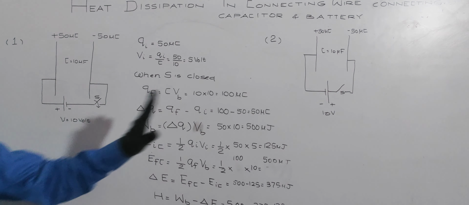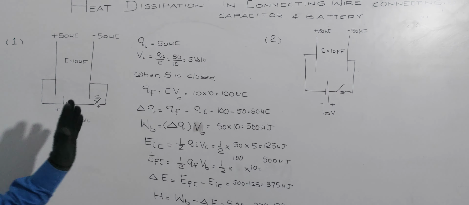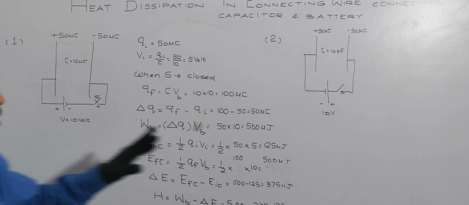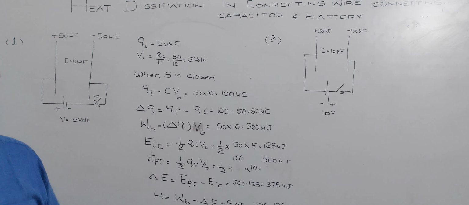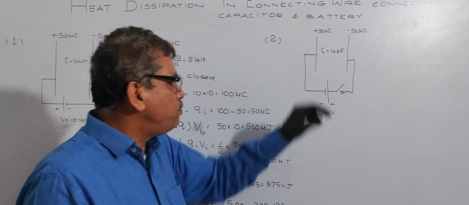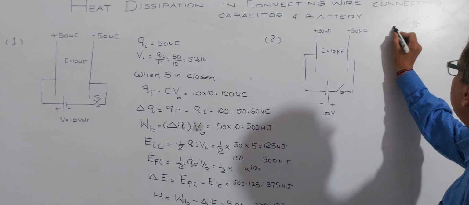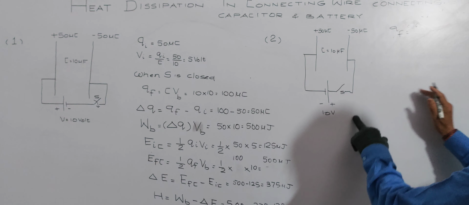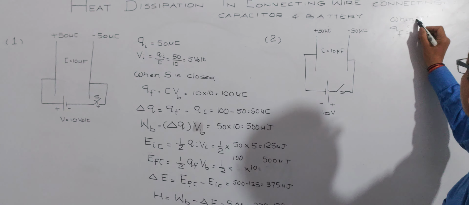Now in the second example, what we have done is we have changed the polarity of the battery. Now the positive plate is connected to the negative plate of the capacitor, and the negative plate is connected to the positive plate. Now in this situation, what is the final charge when the switch is closed?